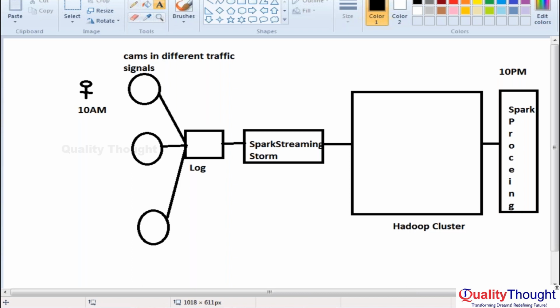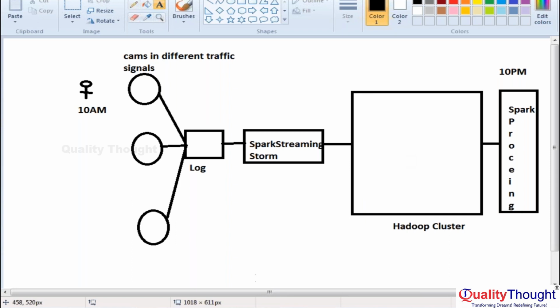If we don't have them, then we can purchase more volume, and then we can increase our sales, right? So the supermarket wants to take that kind of decision. They want a history of data. That history of data they can store in a Hadoop cluster, and on that history of data they will apply batch processing.